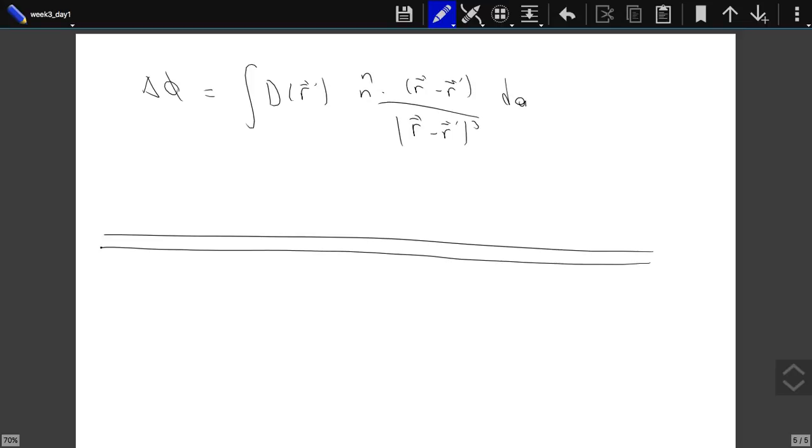Well, this is a capacitor, before discussing your question. This is a capacitor, so this is positively charged, this is negatively charged. So can we use the dipole approximation? Can't we treat this as a dipole? D omega is our solid angle.